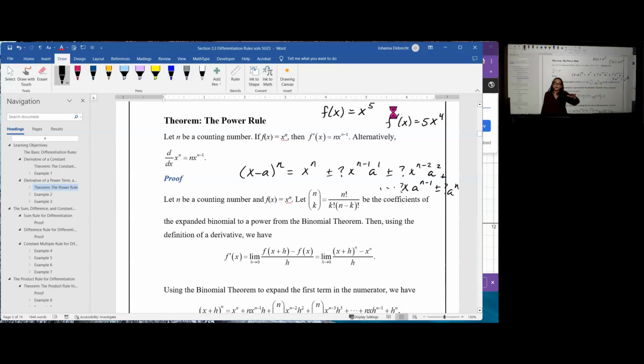Factorial means to multiply by that integer value and all preceding positive integers down through 1. So for example, 5 factorial is 5 times 4 times 3 times 2 times 1. Let me write that up here for those of you who are not familiar with factorials.